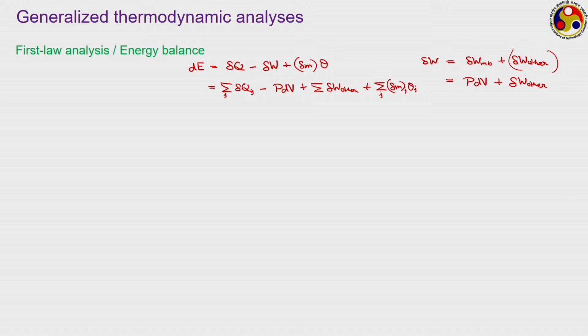Here the direction of mass transfer is taken to be into the system. If we are talking about mass flowing out of the system, then a negative sign comes in.